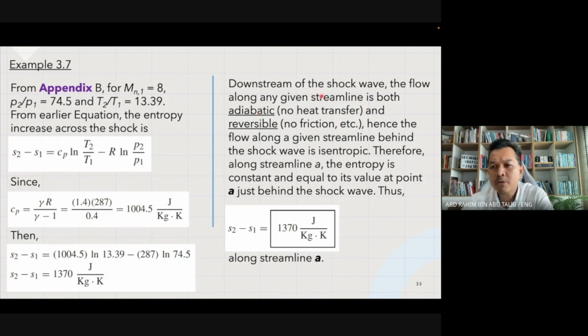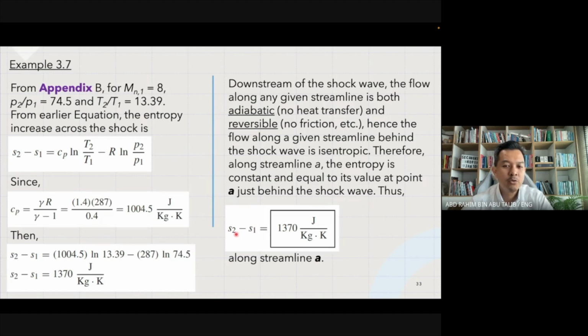Downstream of the shock wave, the flow along any given streamline is both adiabatic, meaning no heat transfer, and reversible, meaning no friction. Hence, the flow along a given streamline behind the shock wave is isentropic. Therefore, along streamline A, the entropy is constant and equal to its value at point A just behind the shock wave.